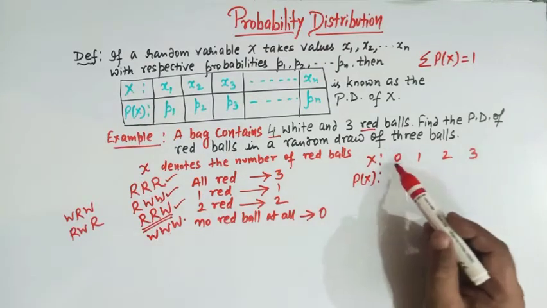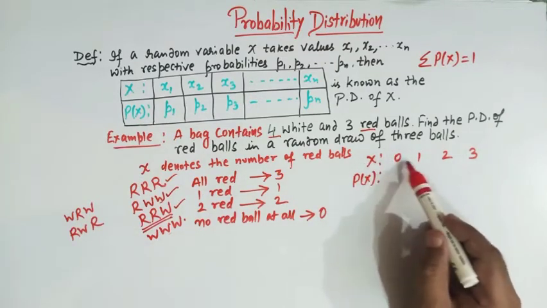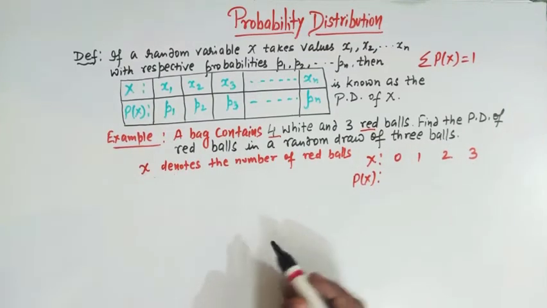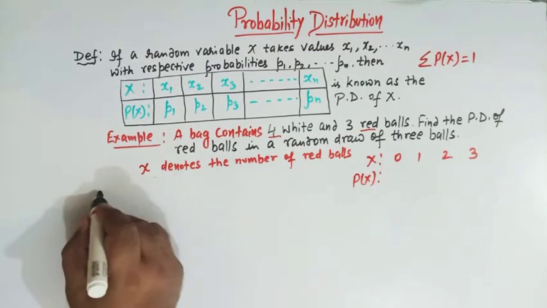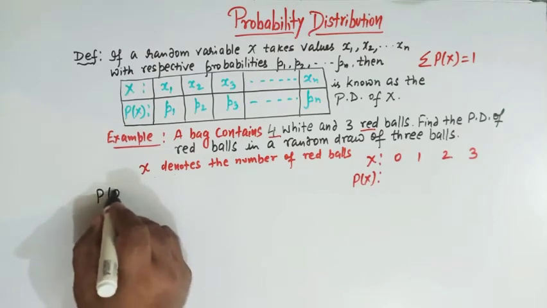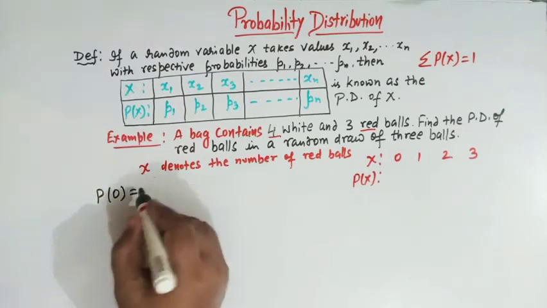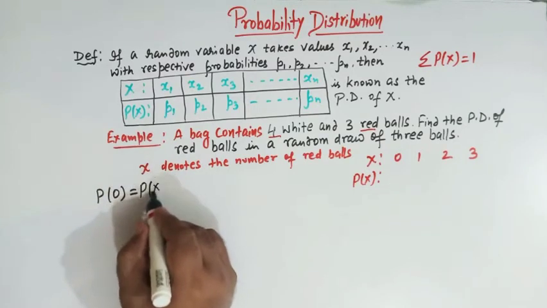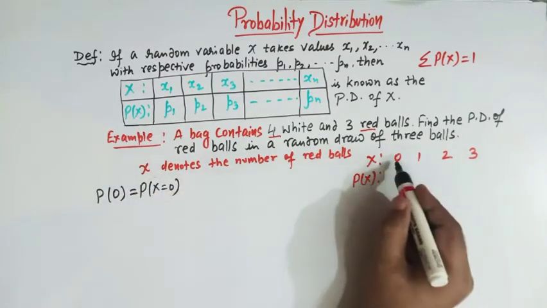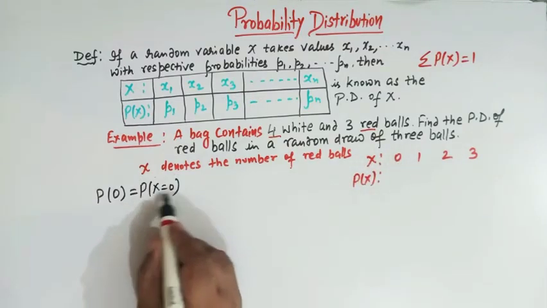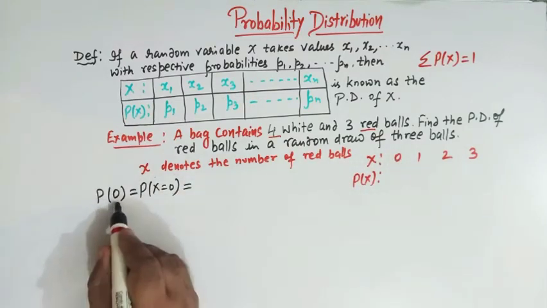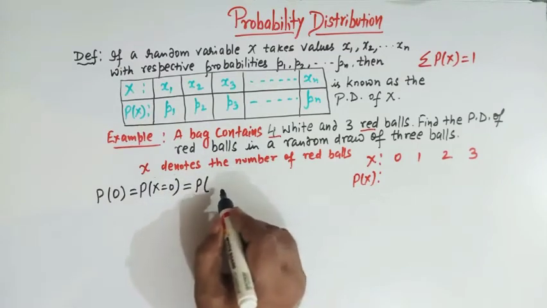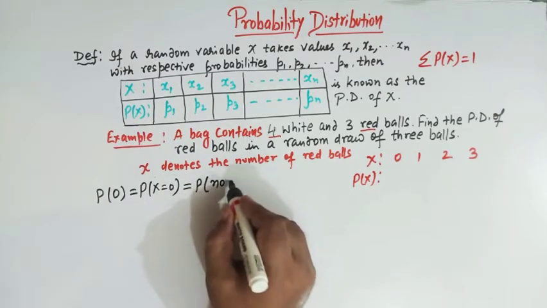So let us now find the probabilities corresponding to these different values. Viewers, here let us first find P0. Now P0 means when X takes the value 0. So P of 0 means getting no red ball.